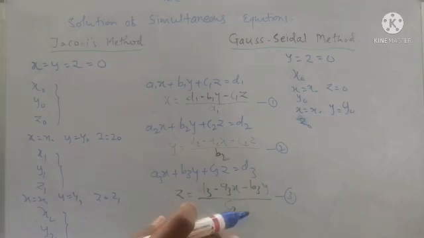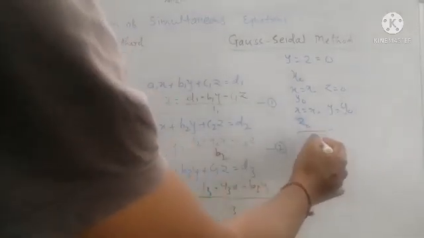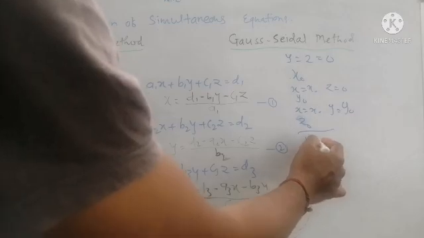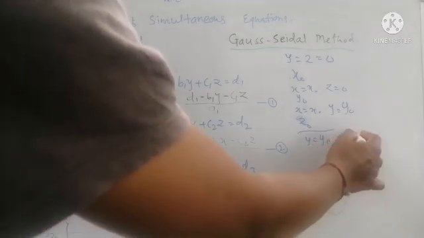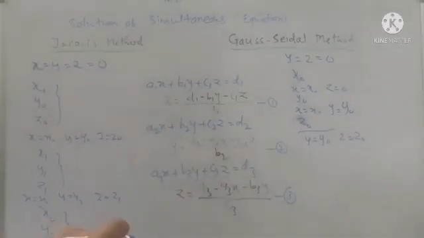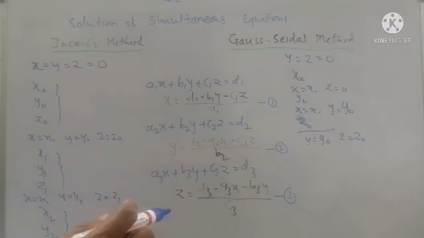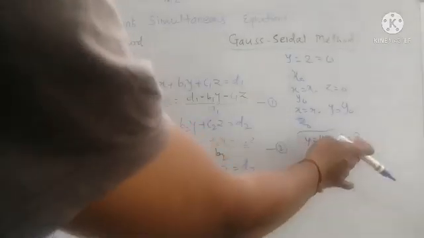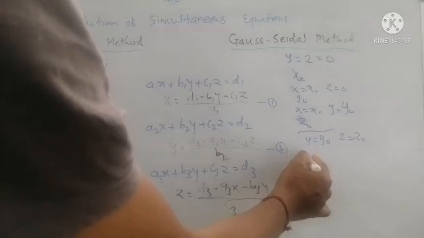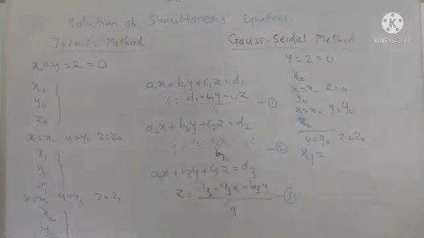Now using them we can find the next set of roots x1, y1, z1 in the second iteration. To define the second iteration, we take y as y0 and z as z0. Again, we don't take a value for x here. Now using these values in equation 1, we get the next approximate root x1.